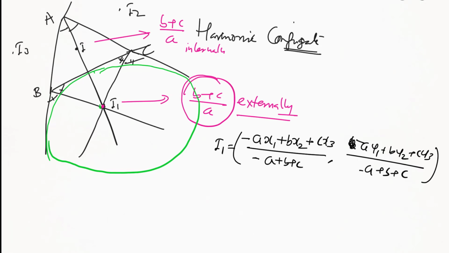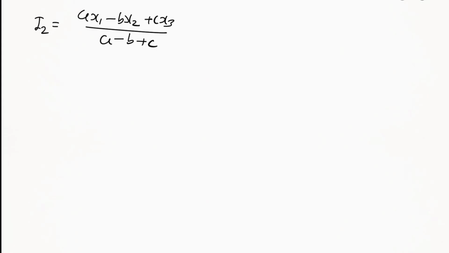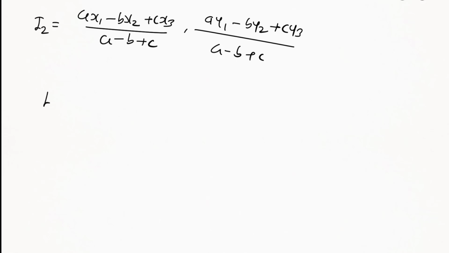How to get this? Simply, this divides externally in this ratio, so you can figure it out. And ay1 minus by2 plus cy3 over a minus b plus c.